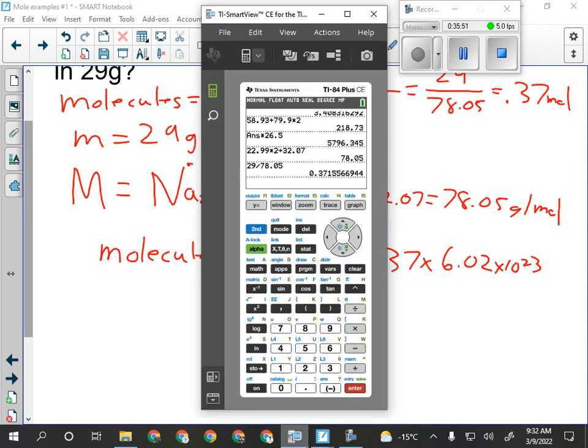In my calculator, that's going to look like this. I'm going to take that number and multiply it by, in brackets, 6.02 second E 23, end bracket. All right, so I have 2.24 times 10 to the 23 molecules.